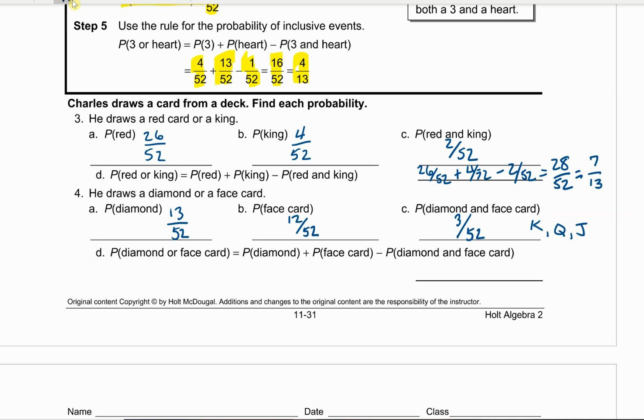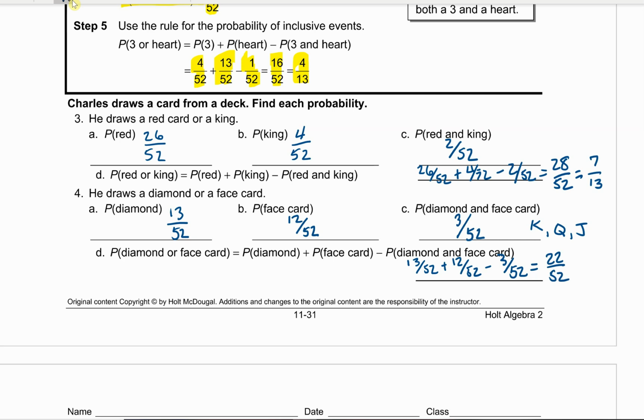So, add them up and subtract. We got 13 out of 52 plus 12 out of 52 minus 3 out of 52 is 22 out of 52.